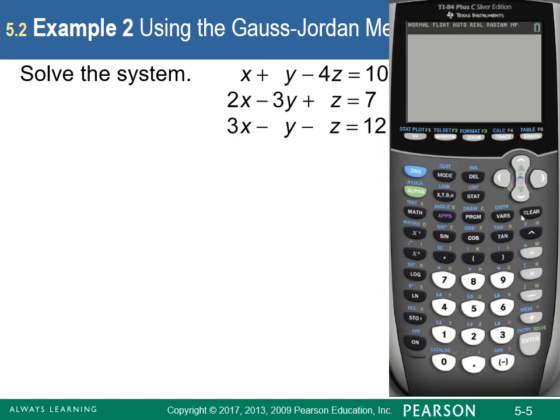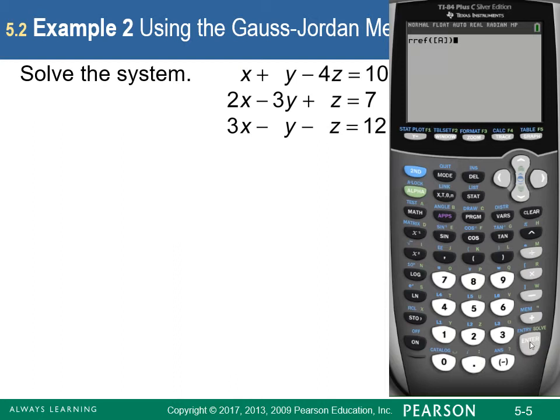Now, let me show you what we can do if we take a look at the last thing we entered using second and enter, where it says entry up above. We don't have to go through the menu to get to the RREF.